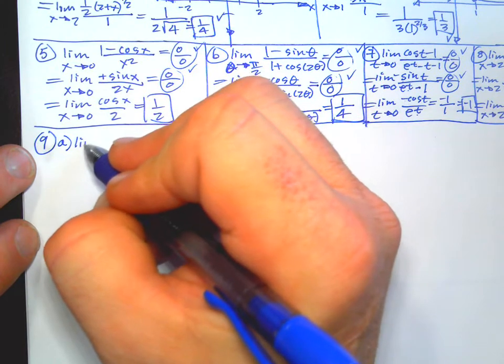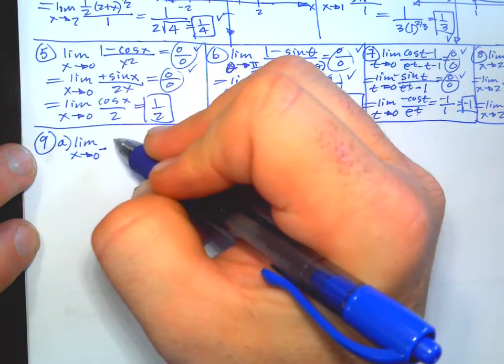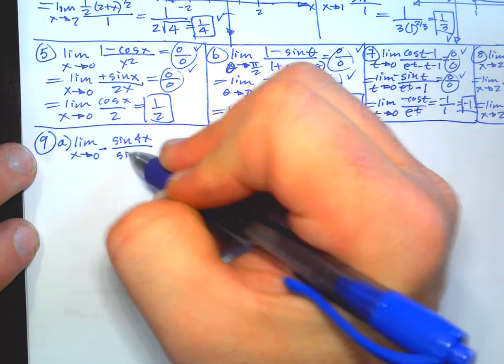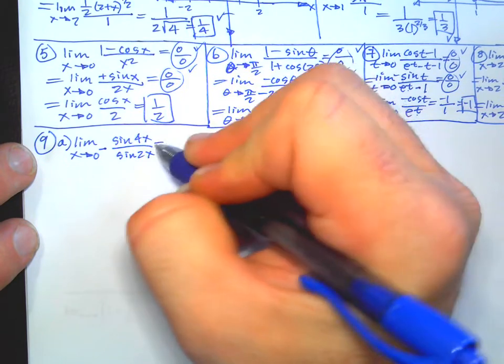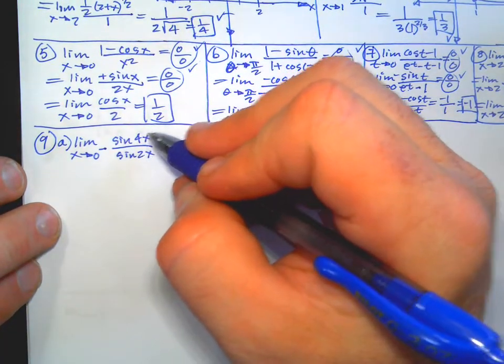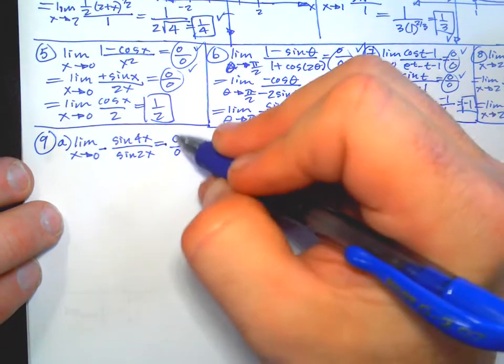Number 9, limit as x approaches 0 from the left of sine of 4x over sine of 2x. If we plug in, approaching 0 from the left side, we're going to get 0 over 0.